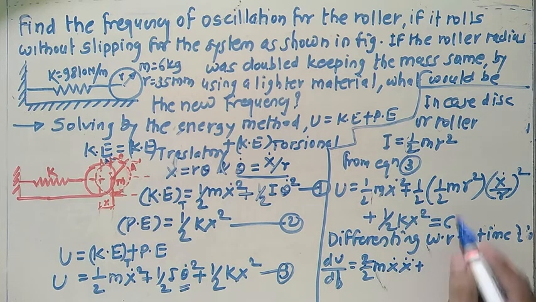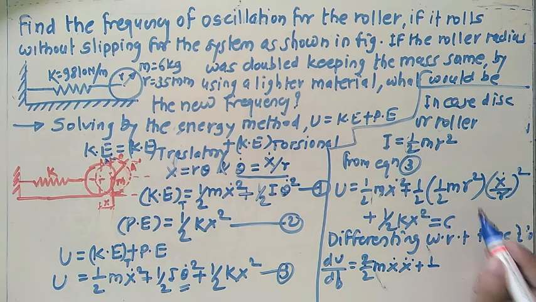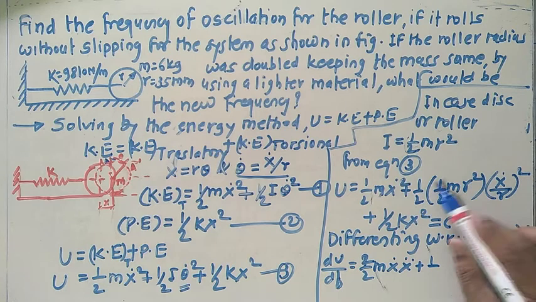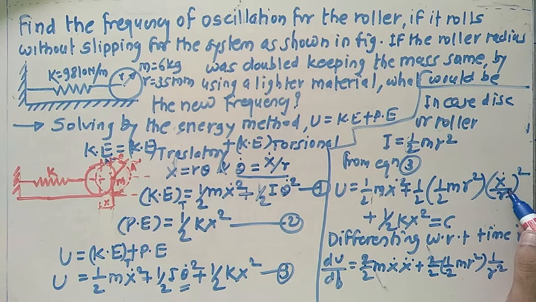Next, 1/2 into 1/2 m r square remains as it is, and the 2 goes here. Since r square is constant, write it as 1 upon r square, and x dot into x double dot comes here.